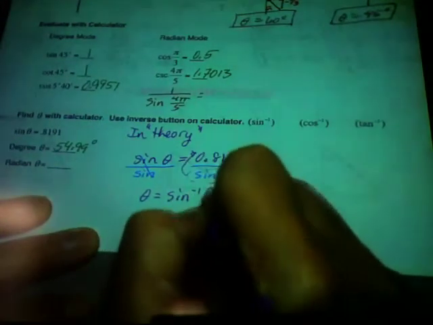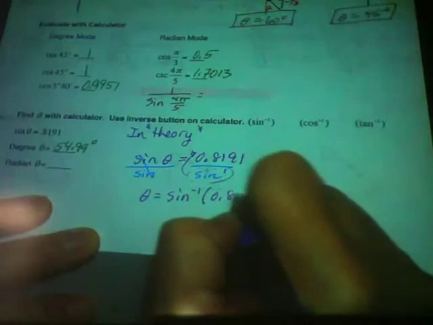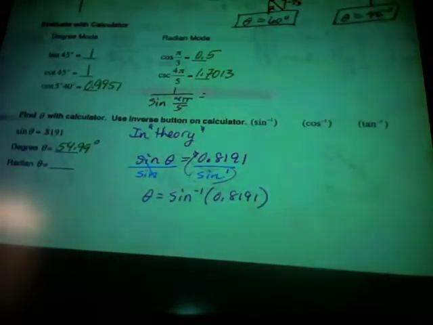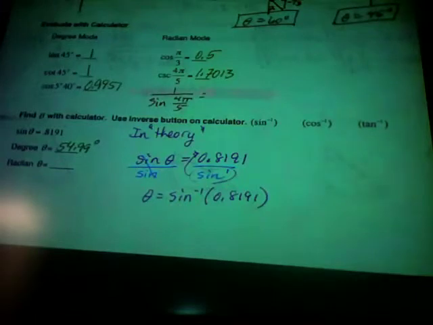And isn't this sine to the first power? Are you with me so far? So theta is equal to, if I take this sine to the first power and move it up into the numerator, what happens to the exponent? Doesn't it become sine to the -1, times 0.8191? Technically that's not what's going on, but theoretically, can you understand why we're going to use that inverse sine?